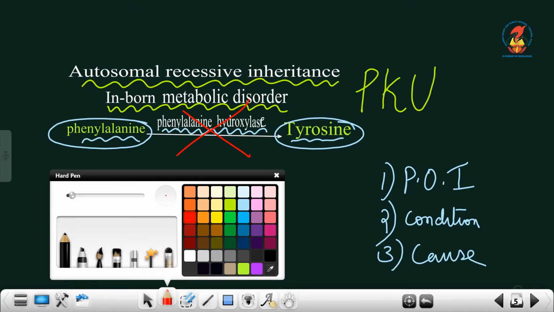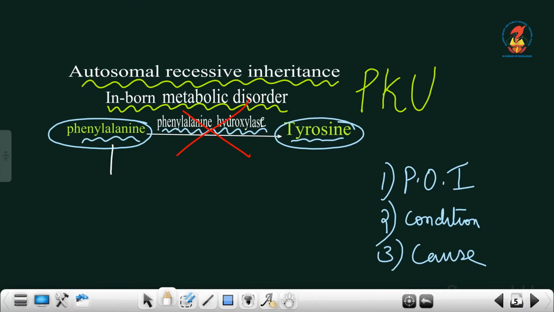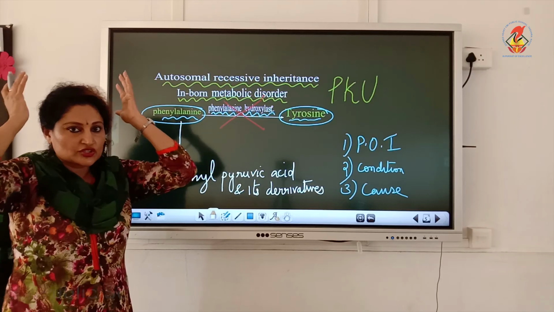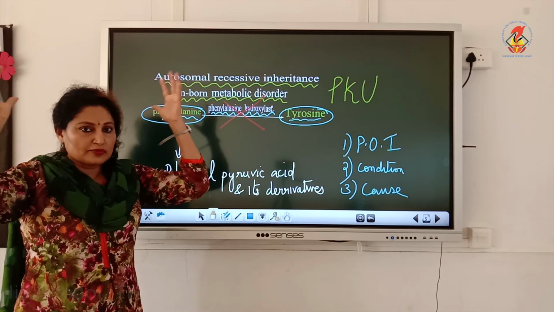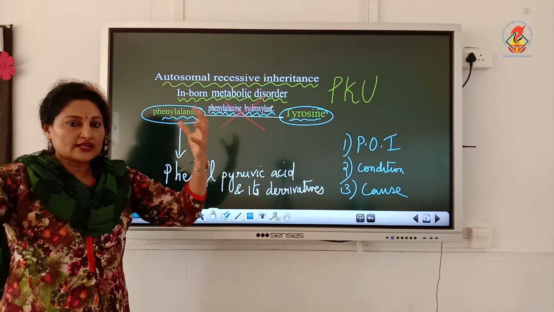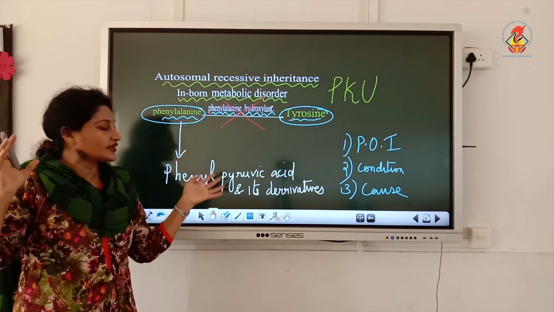What happens instead is, this phenylalanine gets converted into phenylpyruvic acid and its derivatives. This phenylpyruvic acid and the derivatives get accumulated in the head, in the cerebrospinal fluid, and therefore do not allow the development of the brain, and such children are mentally retarded.